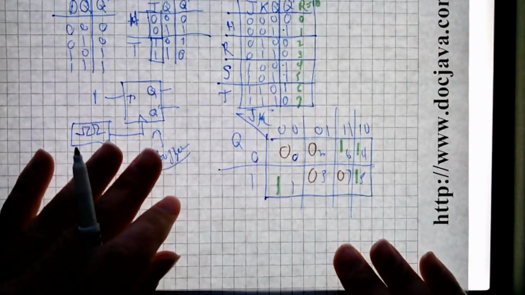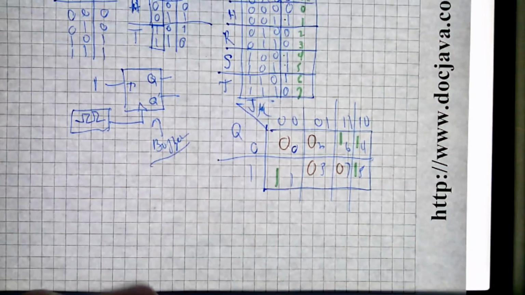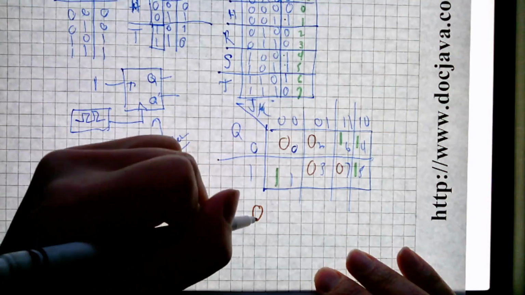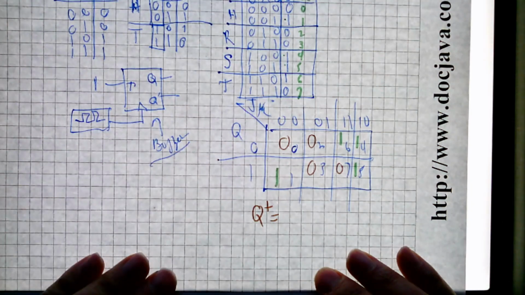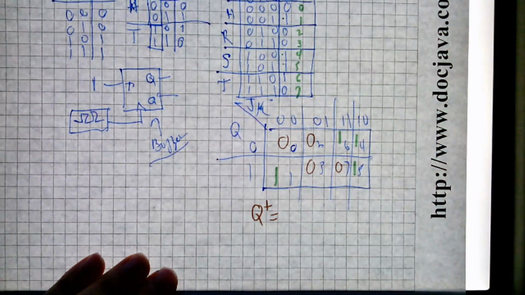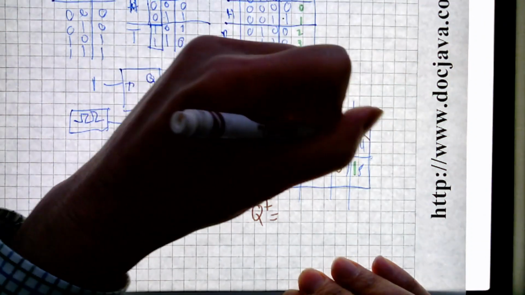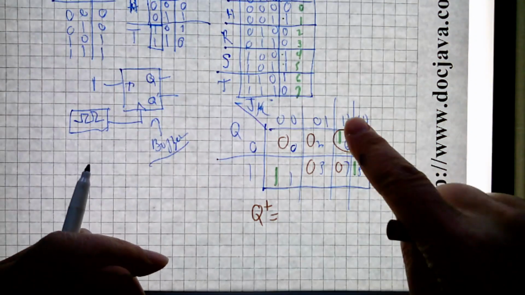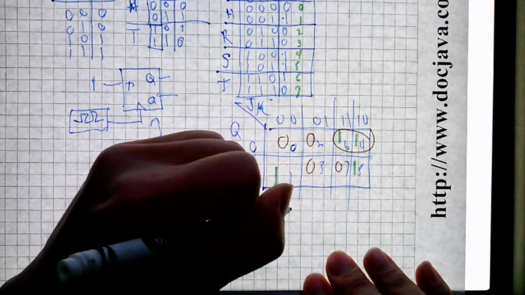And so now that I have my K-map, I can write out what is Q plus. Using my K-map, I can obtain a minimum sum of products. So that's going to be J Q prime.